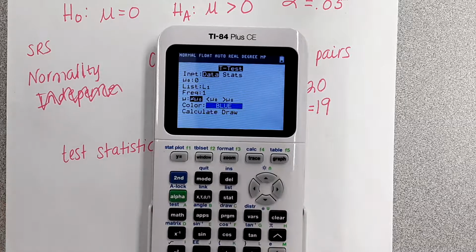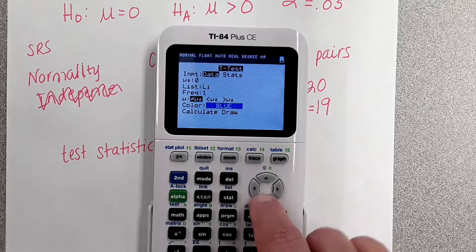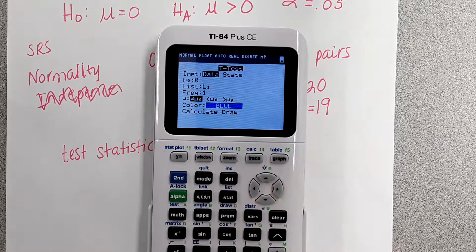And yours is in list 1. I don't know where yours is, but mine is in list 1 because that's what David told me. Then I want it to be greater than the mu, greater than 0. Of course, we're hoping that they learned something, right? And then we're going to hit calculate.